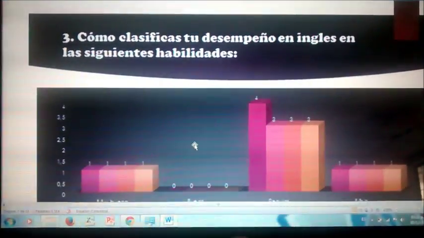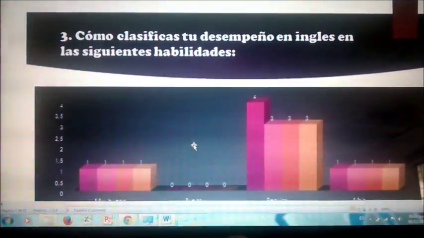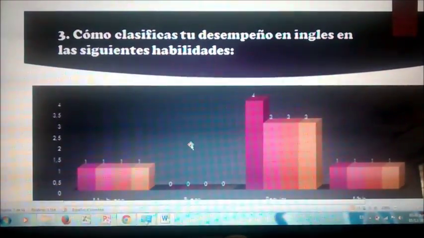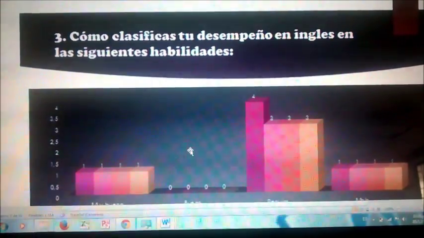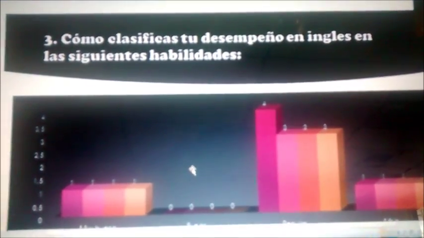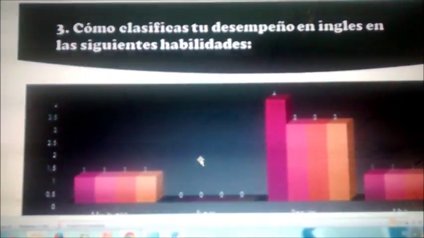Moreover, we also asked students to qualify their own language proficiency in the 4 language skills. So as you can see in the graphic, some students answered that their proficiency was completely bad.